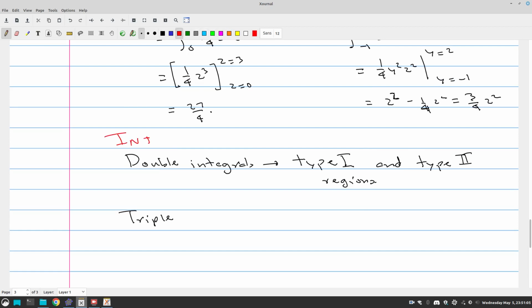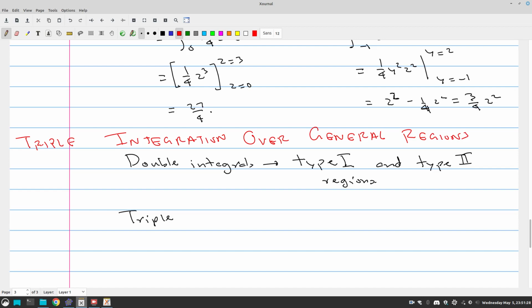Triple integration over general regions.